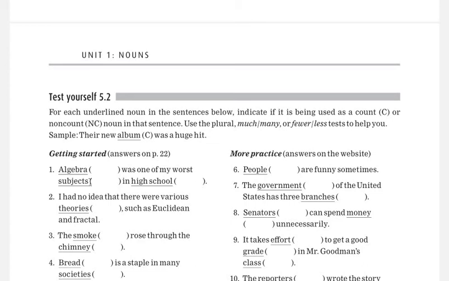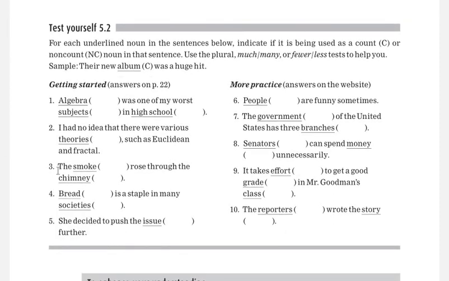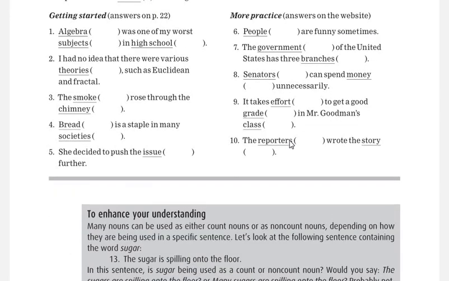We can say subject, subjects, but we can't say algebra, algebras. Then, can we say the smokes? No. So smoke is NC, non-count. And you also have to write much, many, fewer, less. You have to write all these words, and it is practice of these words.